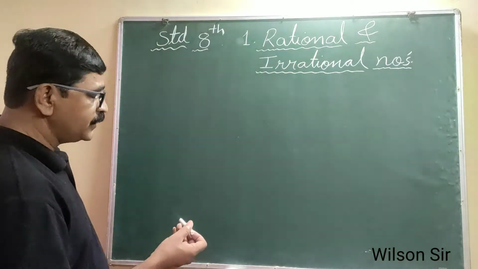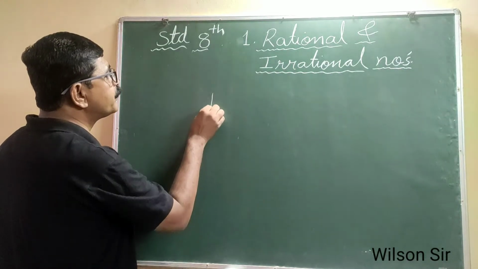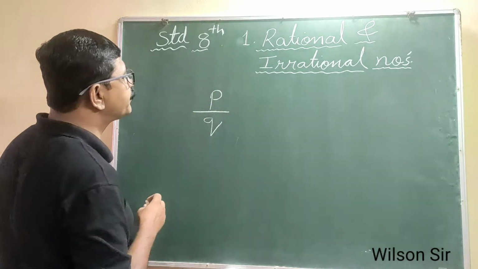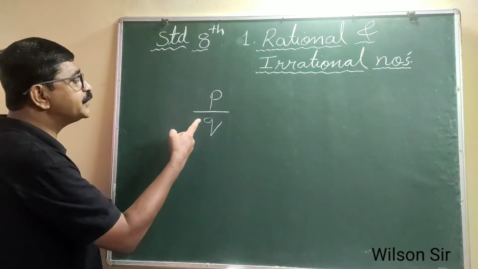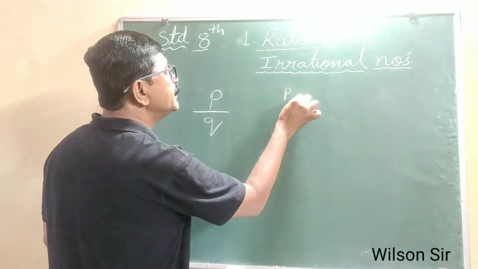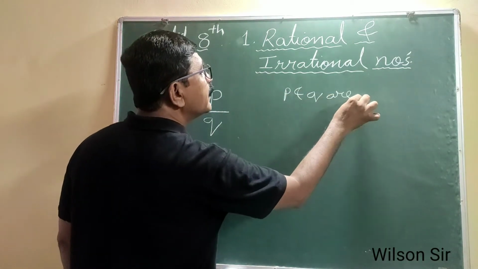Suppose the integers are in the form of P upon Q, where P and Q both are integers.